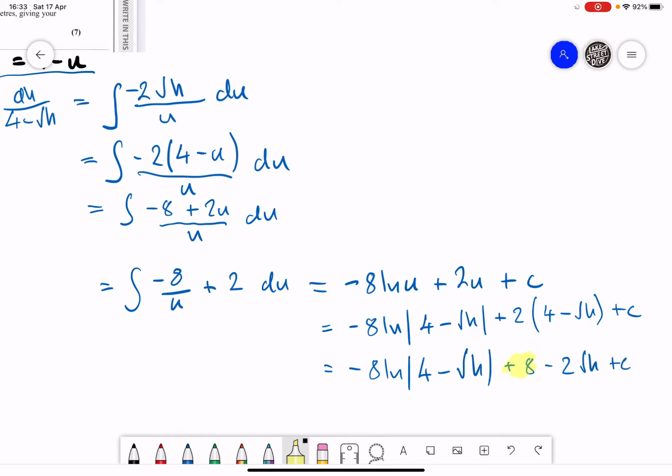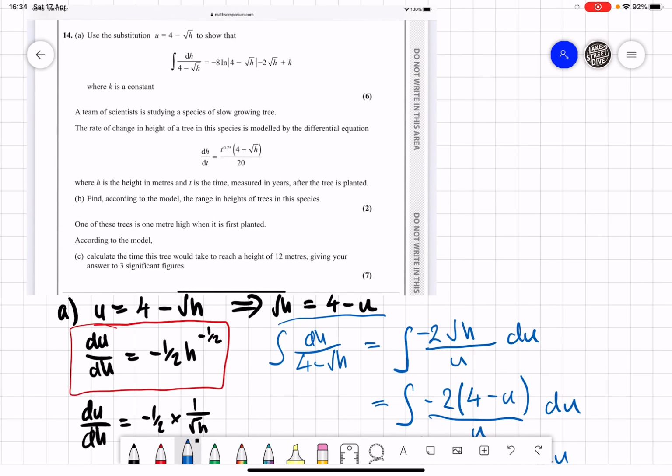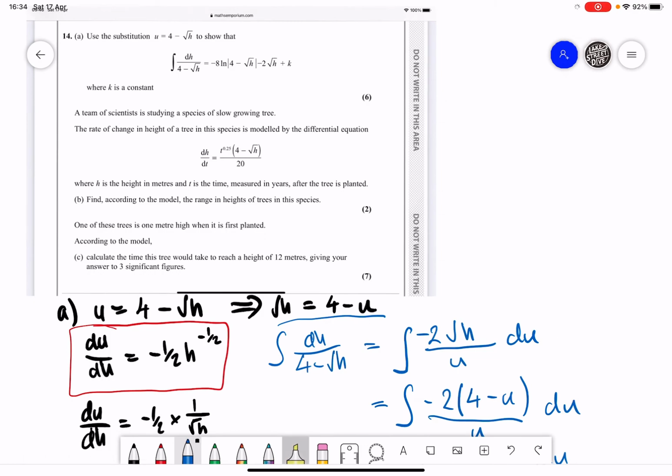Just quickly, combine those constants together to get a different variable, which I will call k. So I get minus 8 log 4 minus the square root of h, minus 2 square root of h plus k, which is what we were asked for in the first place. Okay, all the way back up here, that's the thing that we were given. 6 marks, well done us.